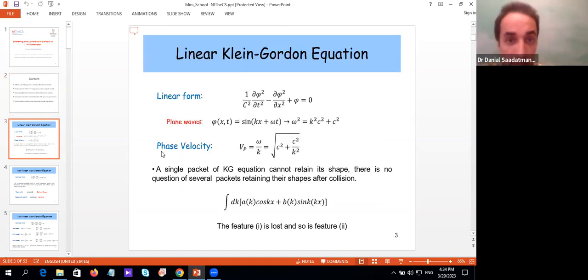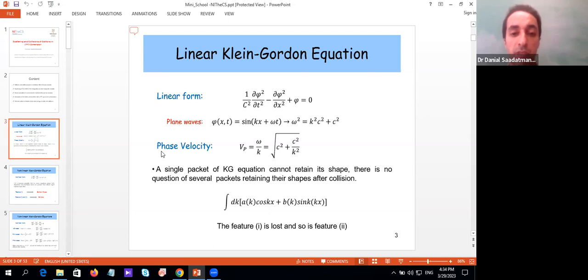Let's start with the simple linear Klein-Gordon equation, which is written in this slide. The solutions of this equation are well known. They are in the form of plane waves.